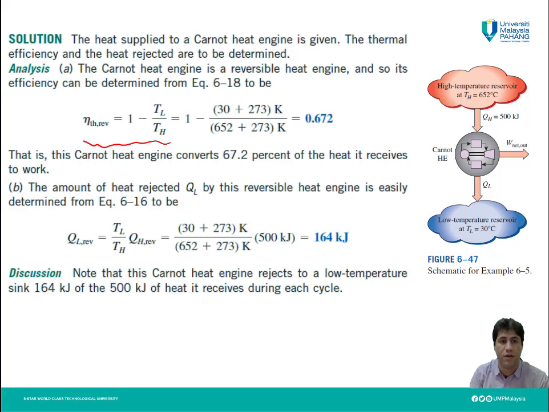Thermal efficiency of a reversible Carnot heat engine is equal to 1 minus TL divided by TH, which TL is the temperature of the sink and TH is temperature of the heat source. We have both of them, but in Celsius scale. So what you should notice here is to change the unit of the temperature from Celsius to Kelvin.